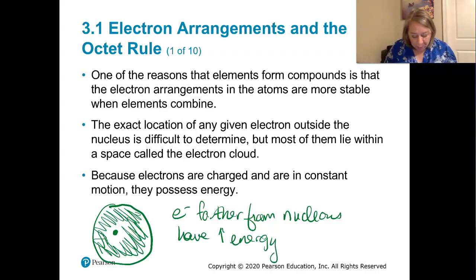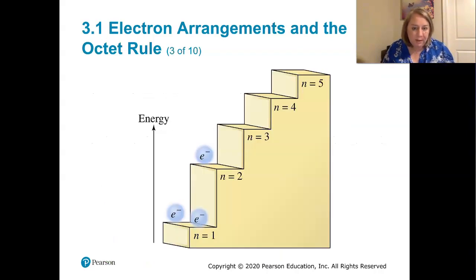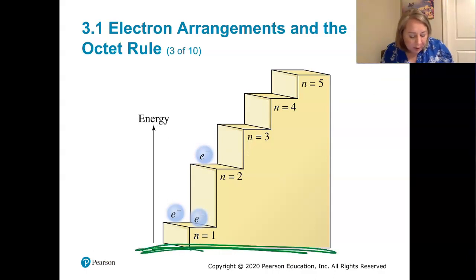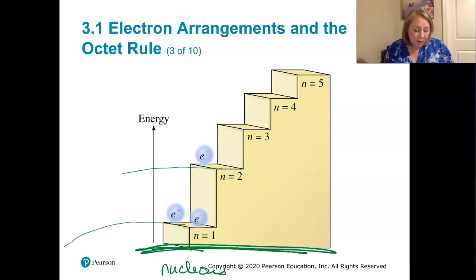Okay, so when you think about an electron, I want you to think about a staircase. And the nucleus is down here. So this is the nucleus. You could even think about it as kind of a circular staircase, and it goes all the way around.